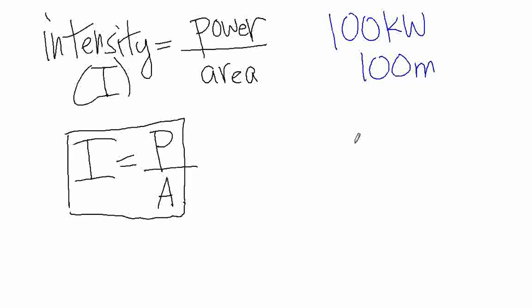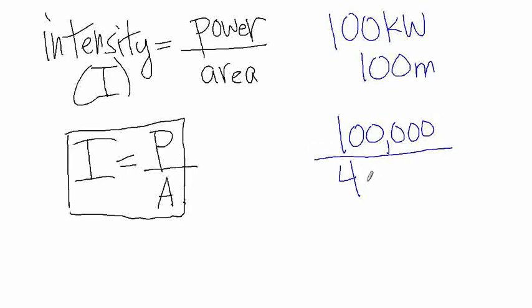So the intensity 100 meters away from this radio station is the power divided by 4 times pi times 100 squared. 100 squared is 10 squared squared, which is 10 to the 4. The numerator is 10 to the 5. 10 to the 5 divided by 10 to the 4 simplifies to 10.